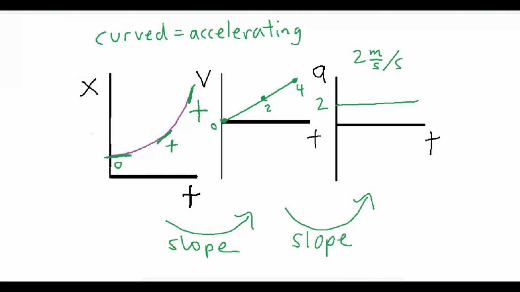Now, if we had a different case where it was slowing down, then we would have something that looks like this. Now, that curve over there, it's definitely curved, so it's accelerating. But this one, if we analyze the slopes, starts out very steep, goes to a medium one, and then goes sort of flat towards the end.